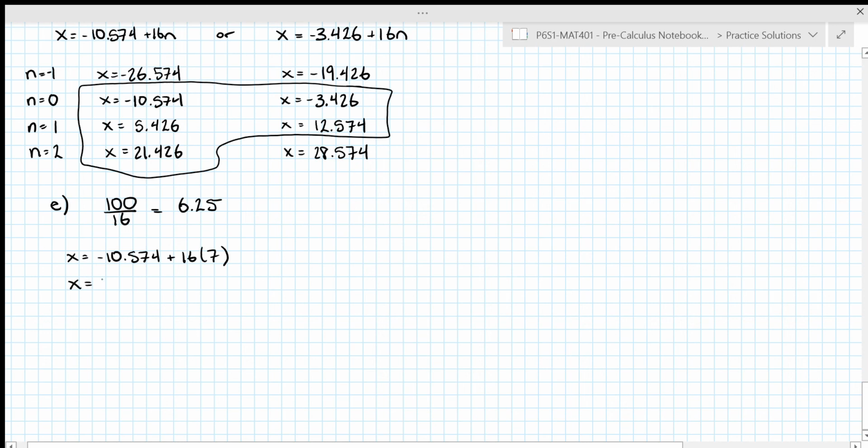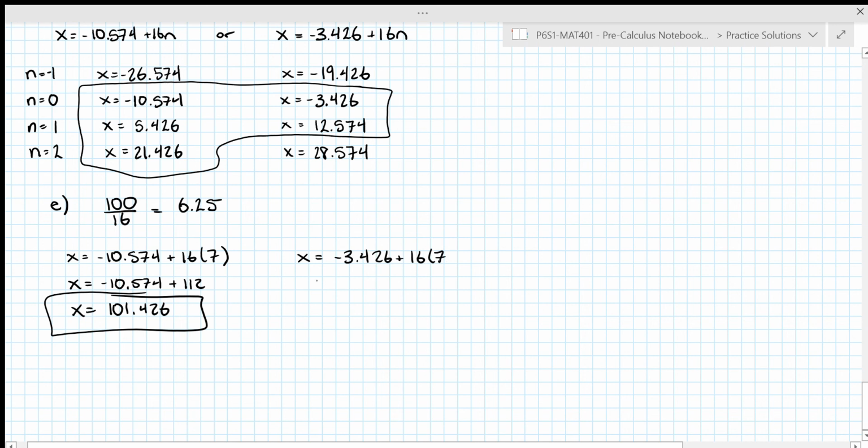X is 10.574 plus 112. And this would give me x is 101.426, which I'm sure is going to be my one. I can check the other one. It's going to be larger than that one.